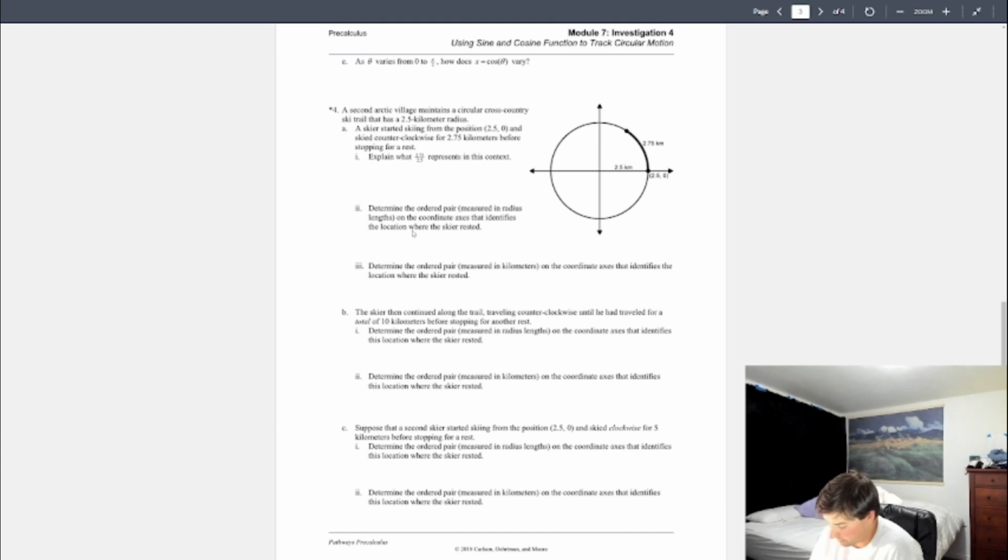Okay, so just divide 2.75 divided by 2.5.